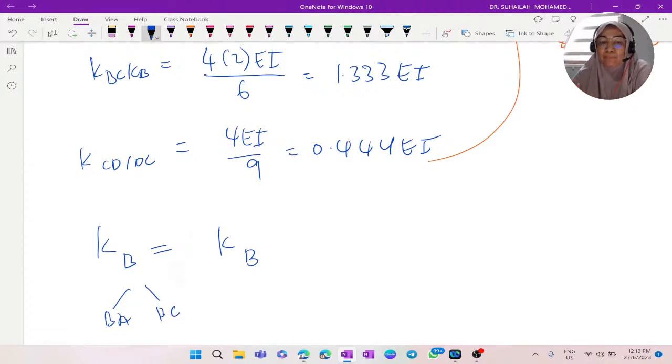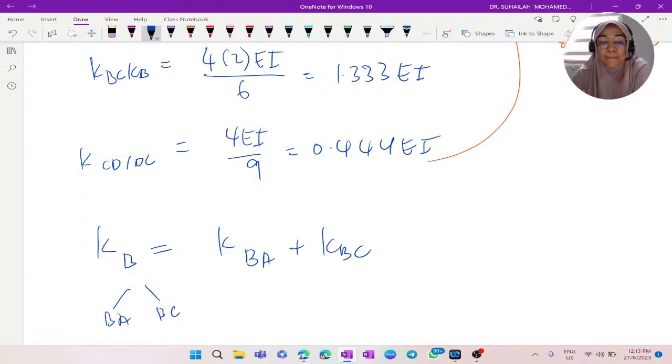So KB is KBA plus KBC. It is actually KAB, but because BA and AB is the same, so not to get confused, we can also rewrite AB as BA.